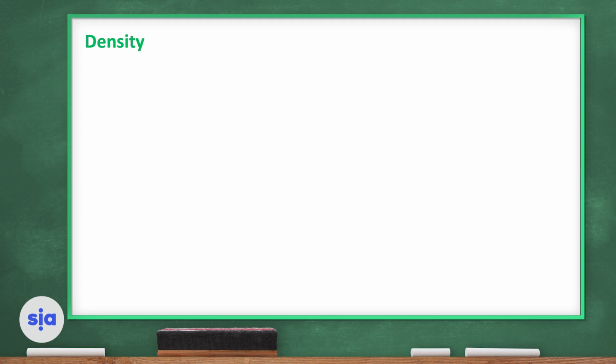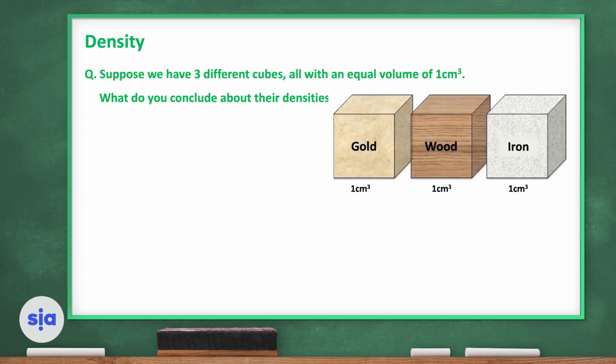Density. What do you know about density? Suppose we have three different cubes: gold, wood, and iron. The three of them have equal volume, which is 1 cubic centimeter. What do you conclude about their densities?